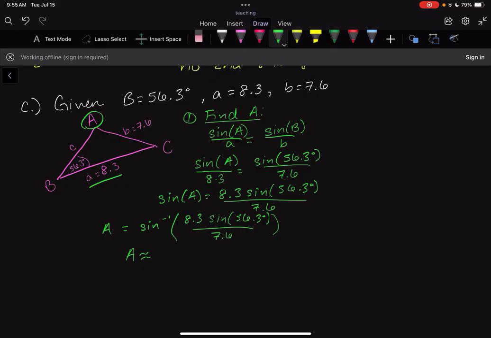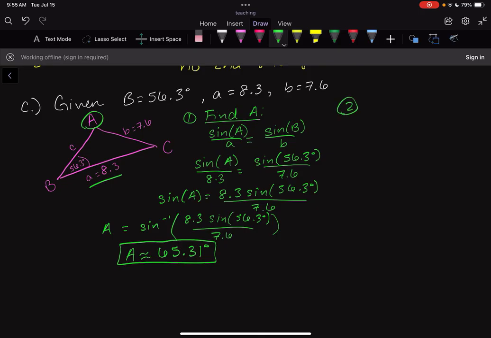Oh, I typed it in wrong. Let me try that again. I got a value that doesn't make any sense, so that's how I know I definitely typed something in wrong. There we go. 65.31. So that is my angle A.